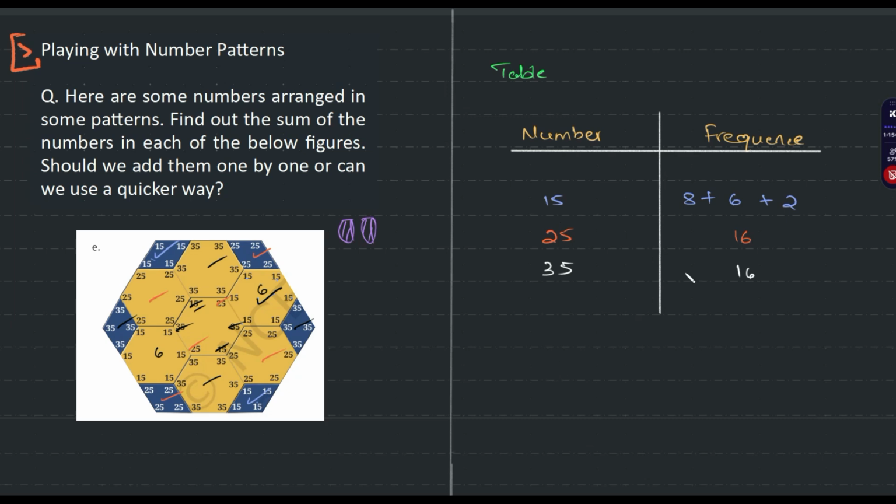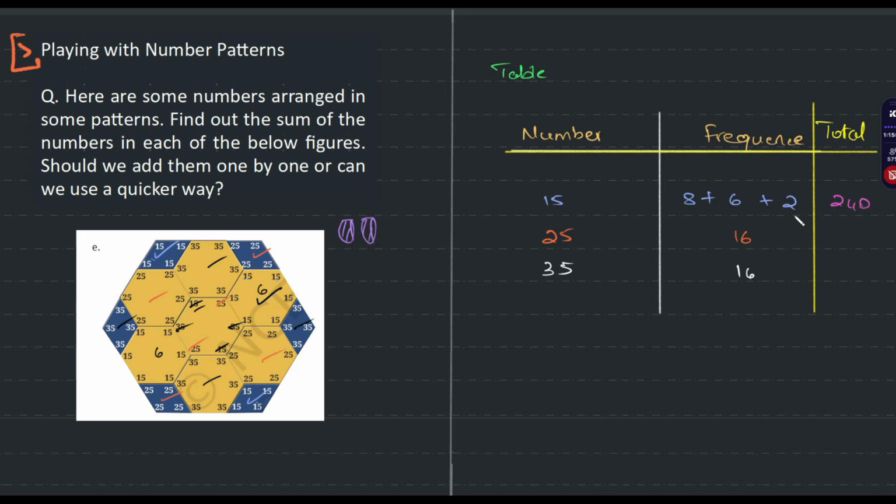So 15 into 16, I can make one more table over here. Let's call it total. So 15 into 16, we have it to be 240.